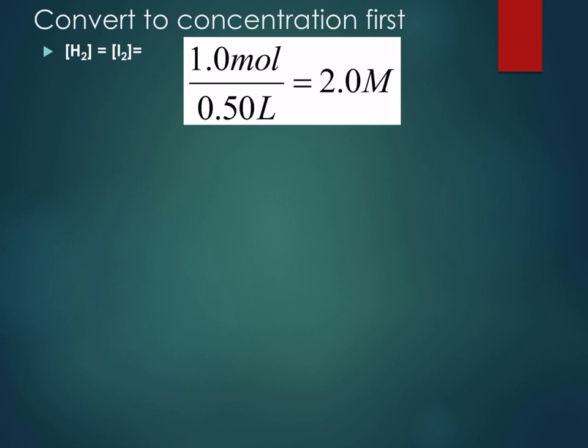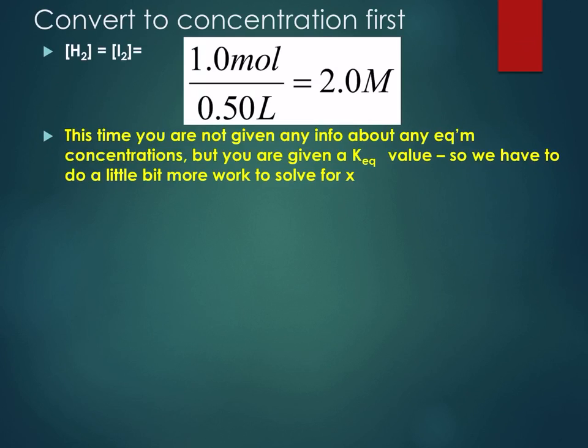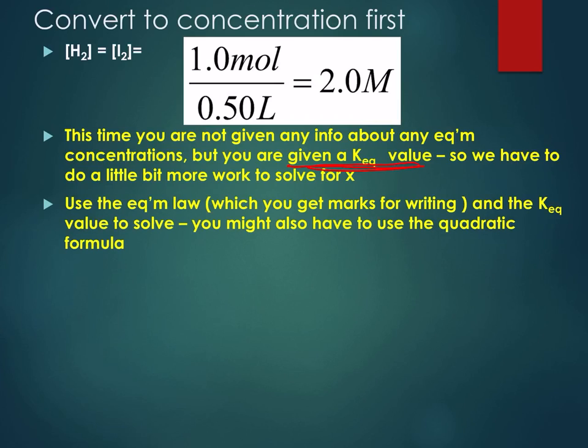Okay, so in this question, we are not given any information about equilibrium concentrations, unlike problem number 1, but this time we are given the KEQ value. So what that means is when we go to solve for X, it's not going to be as easy as writing a pretty simple algebra expression using the ICE table and the idea of I plus C equals E. We're going to have to do a little bit more work to solve for X. So we're going to use the equilibrium law.